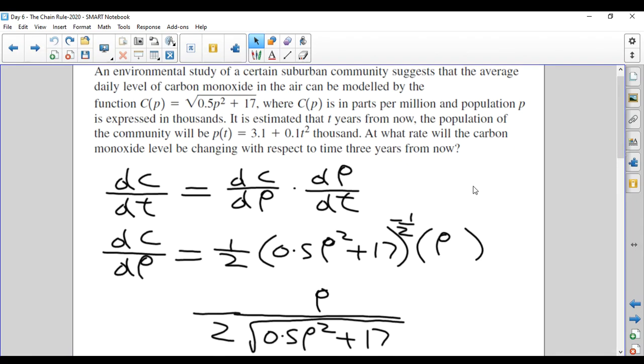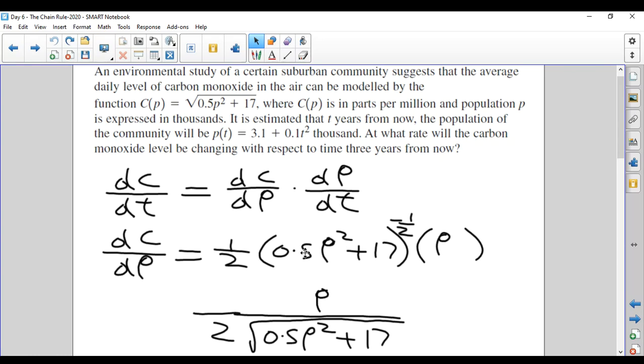We're going to take the dC/dP. So here's the first derivative, the dC/dP. Here's your relationship between carbon and population. You know what we have to do: raise that to the power of a half, and then it's a half times the inner function raised to a half minus 1, which is minus a half, multiplied by the derivative of the inner function. So that would be the 2 times the 0.5, which is just p.